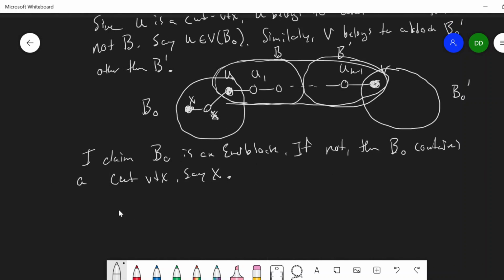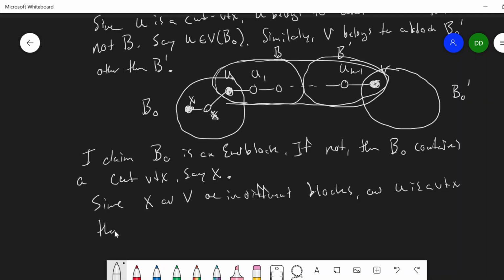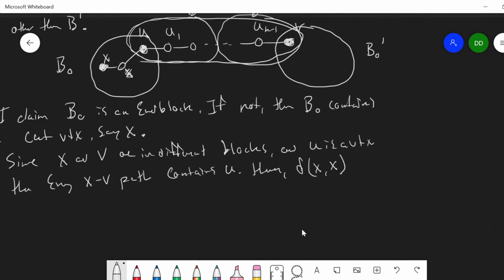So I'll say since X and V are in different blocks, and U is a cut vertex, then every XV path contains U. Hence, the distance from X to V, oops, that's X to X, that would be 0.